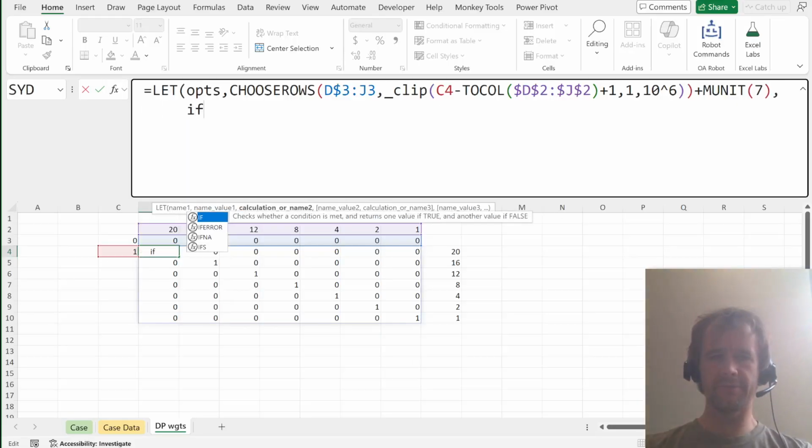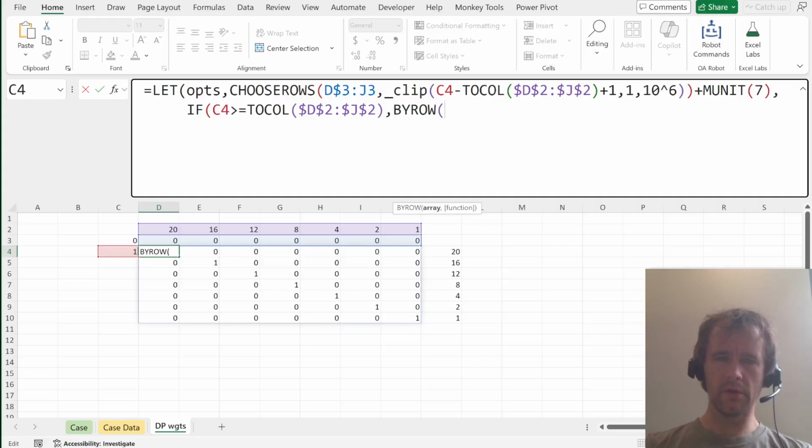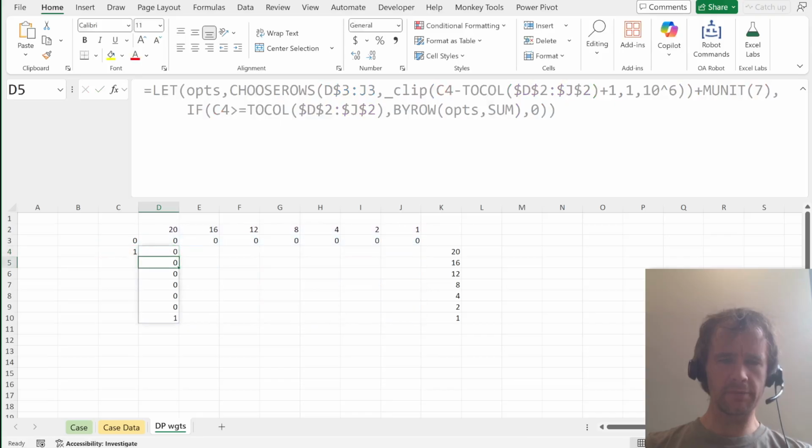And we're going to say if this is greater than or equal to this, then I want the row's opts sum, otherwise 0, or I don't know, I can't remember if I want to go big or small.